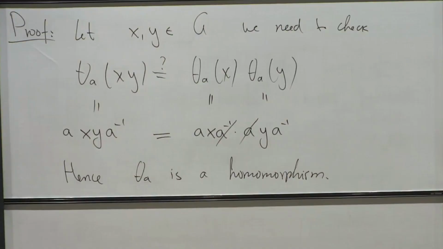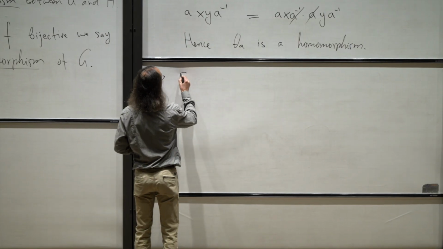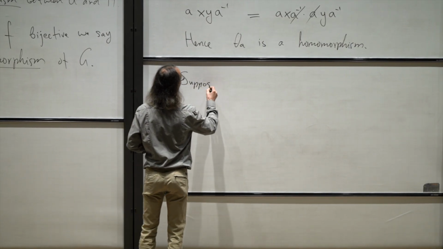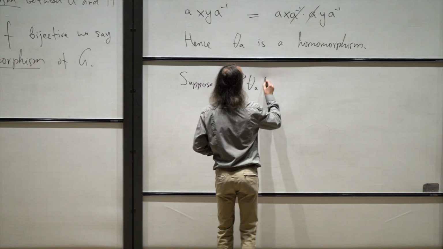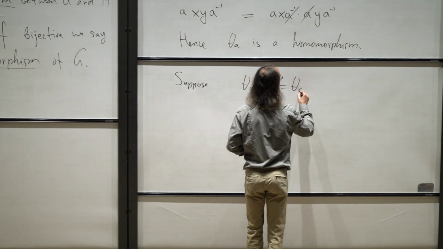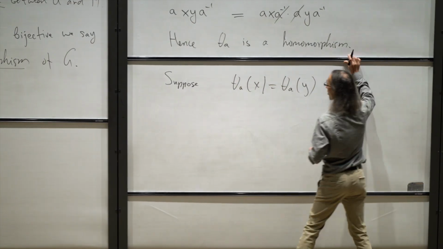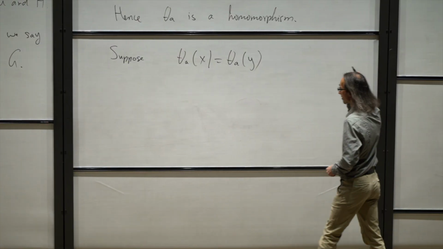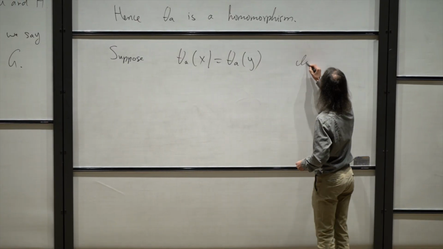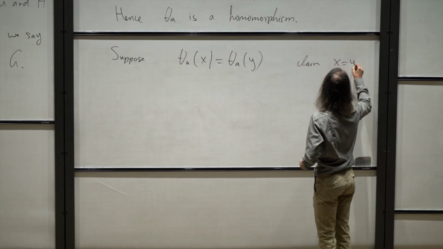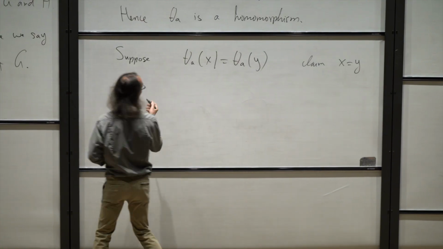Now we have to check that theta A is bijective. Well, suppose that theta A of x is equal to theta A of y. And I claim that x must be equal to y. Why?